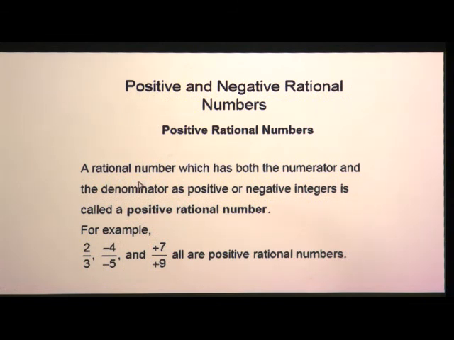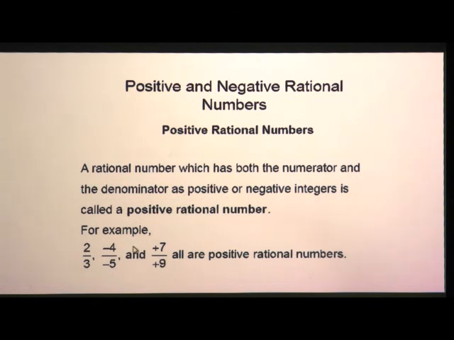A rational number which has both the numerator and the denominator as positive or negative integers is called a positive rational number.